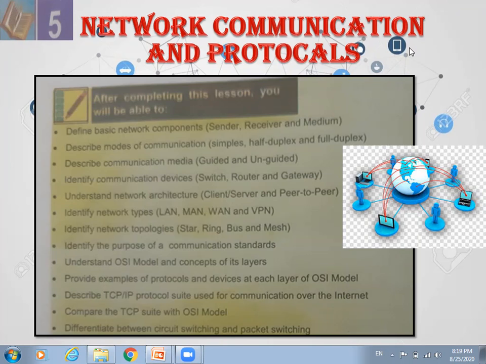Describe TCP over IP protocol suite used for communication over the internet. Second last is compare the TCP suite with OSI model. Then in the last, we will discuss differentiate between circuit switching and packet switching.